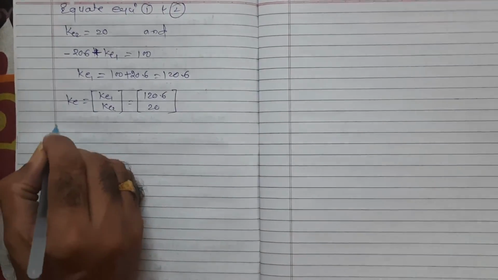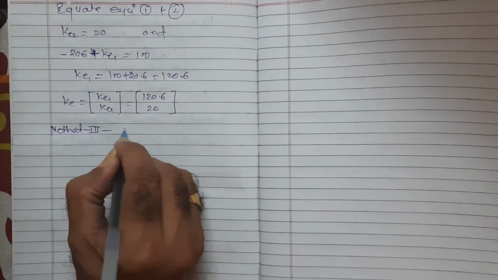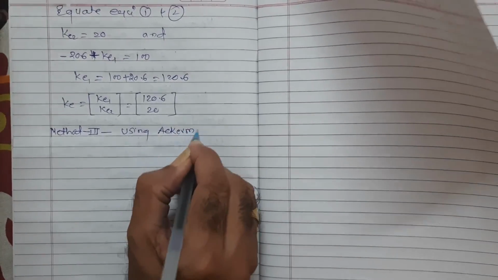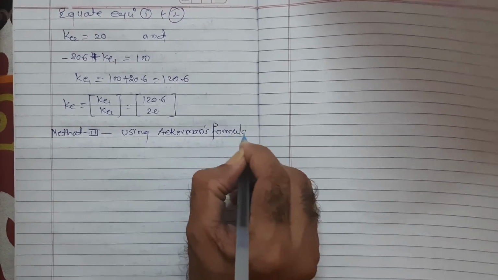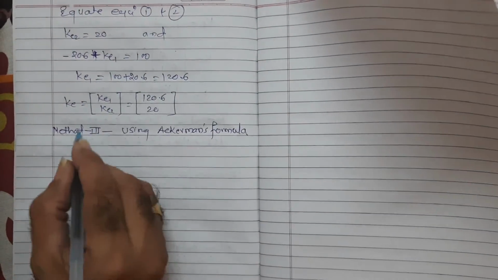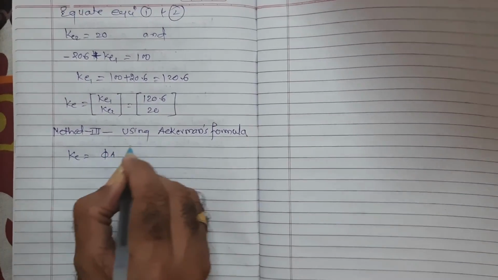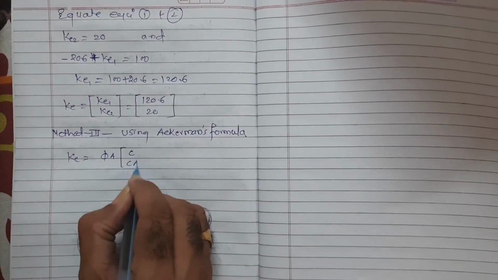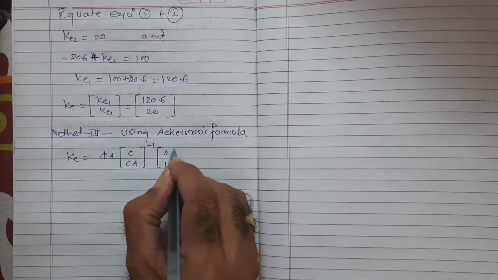Method 3, using Ackermann's formula. Now Ackermann's formula is given by the equation Ke equals phi of A, then C, then CA, inverse, and then 0, 1.